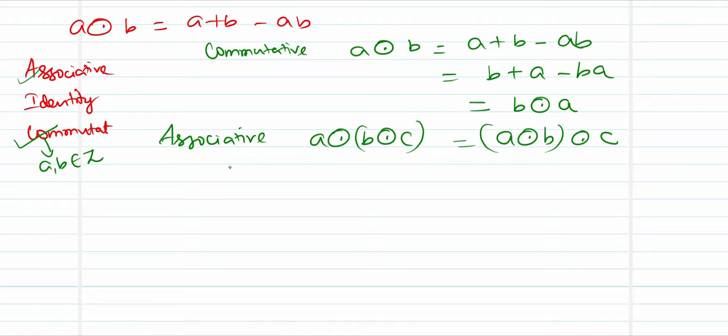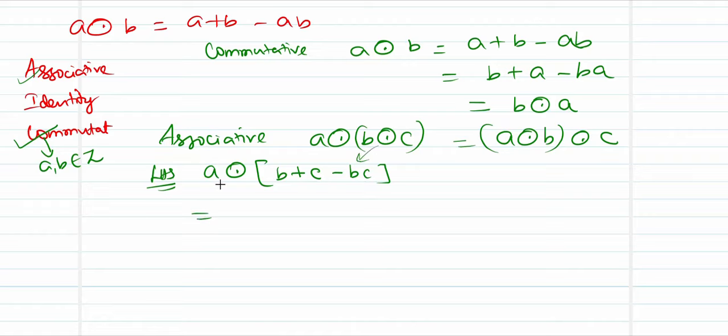So now we will apply the laws for this quantity. Now I will start solving the left hand side. A dot circle, what is B dot circle C by definition? B plus C minus BC. So this is my answer for B dot circle C. Now this is my first element, this is my second element.